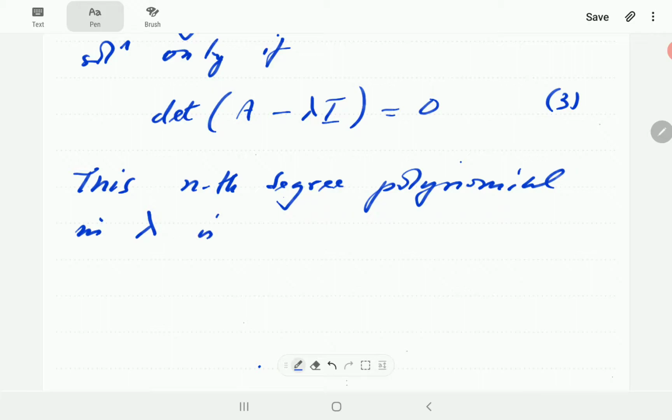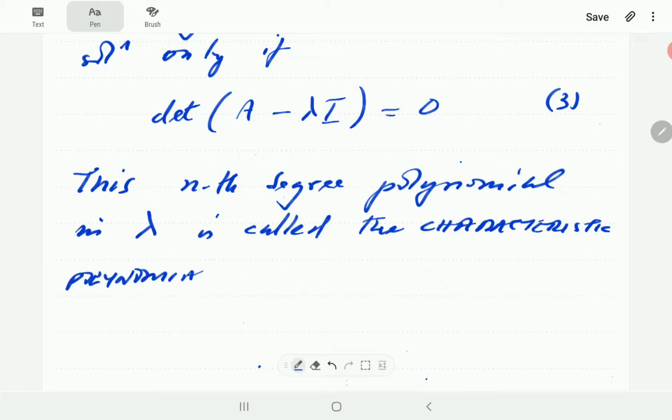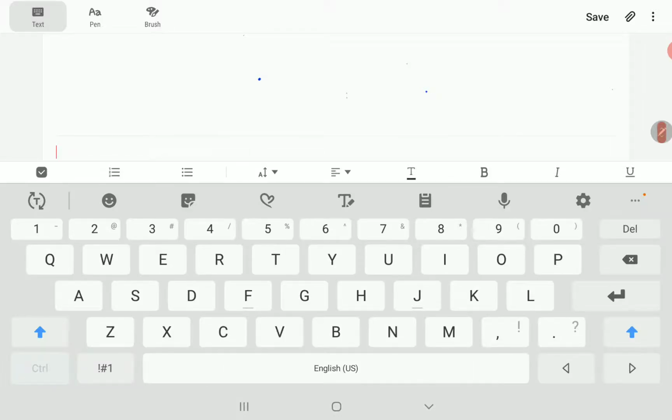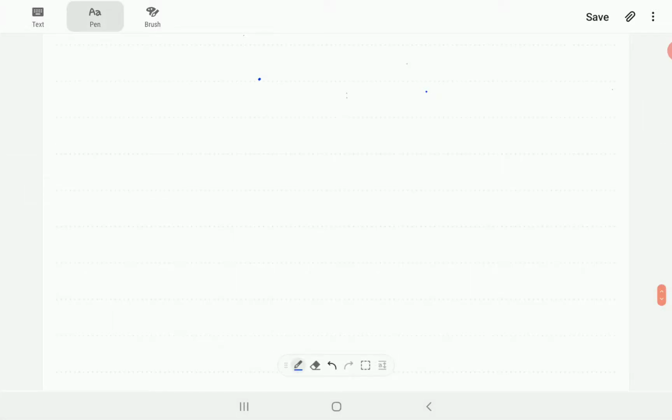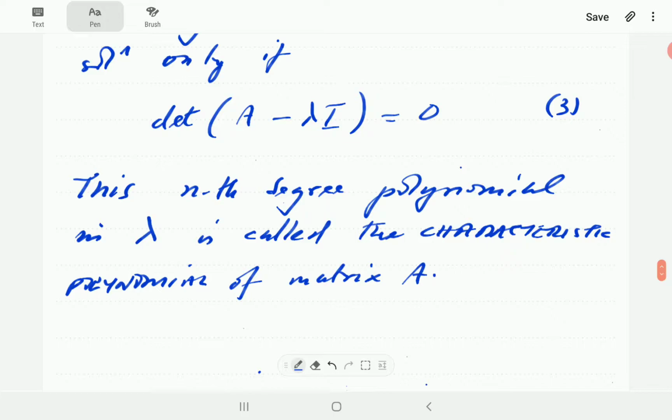This is called the characteristic polynomial of matrix A. When we solve that one, we are going to find the eigenvalues, and then when we find the eigenvalues, we can work back and find the eigenvectors.